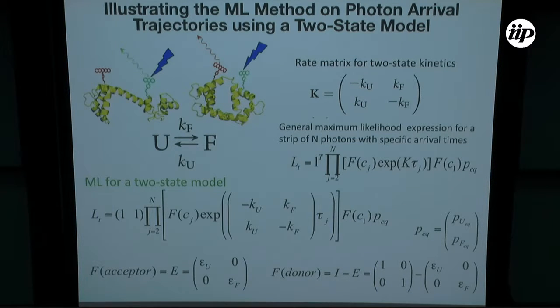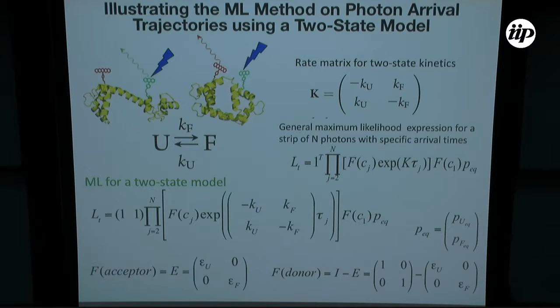So as I said, it's an analysis that requires a model. The model could be that the process is two-state, and then your parameters will be the rate constants. So this is the rate matrix, right? From U and F, you have the KU and the KF. The diagonal tells you the disappearance of the species, and this is the emergence of the species.